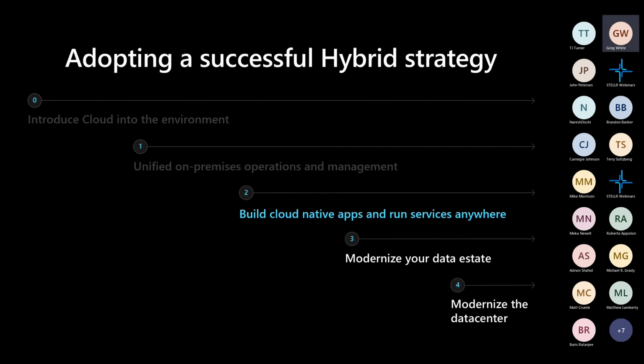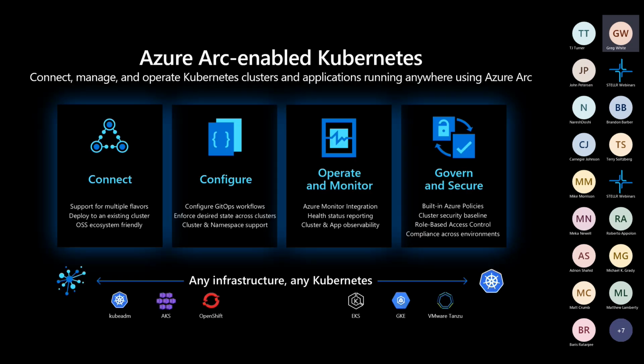Now, continuing to the next level, we come to cloud native apps and the runs-anywhere services. This is a key capability Microsoft introduced called Azure Arc-enabled Kubernetes, which we mentioned a moment ago. If you're not familiar with Kubernetes, it was originally developed by Google, but is part of an open source initiative.